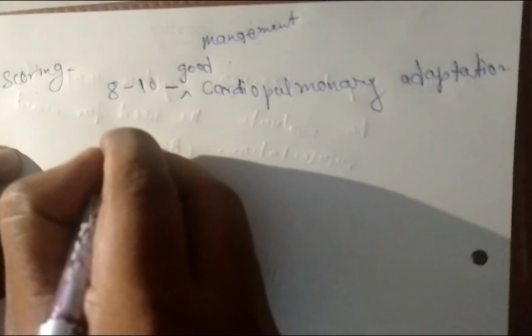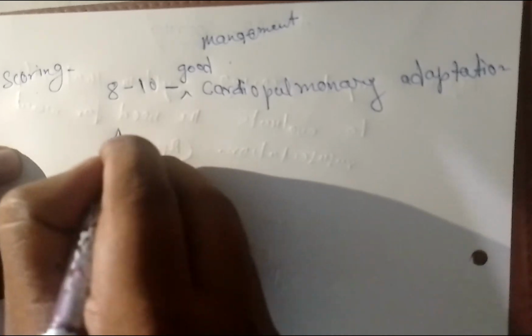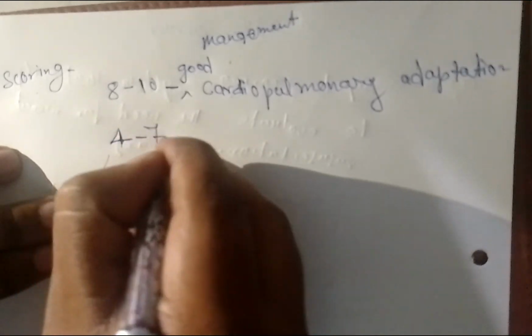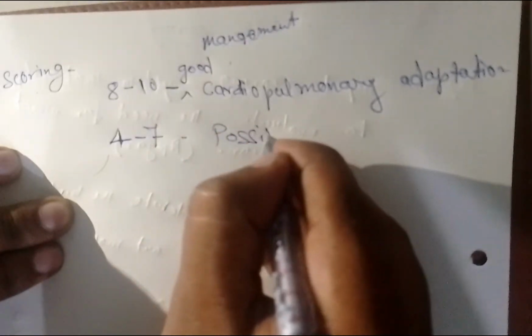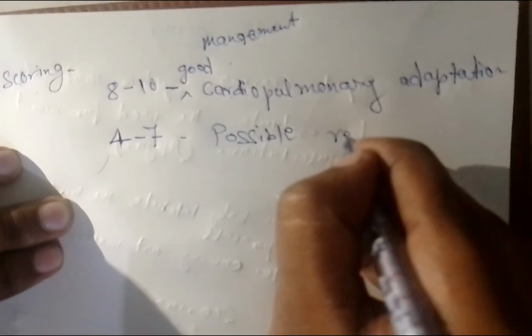And if the baby is assessed and the score is 4 to 7, that needs possibly resuscitation.